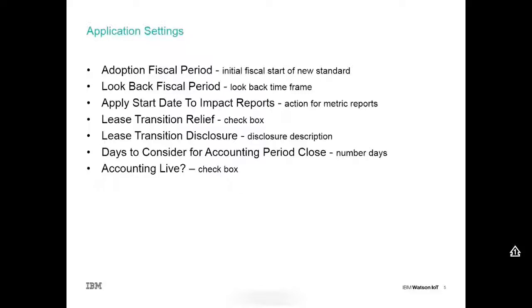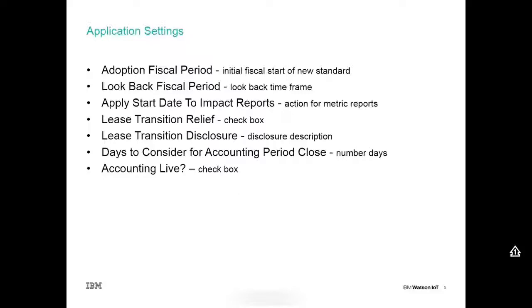And it's basically an initial fiscal start of the new standard, and usually right now the standard is, for example, January 1st, 2019, and we have a look back period for 2 years. So that look back period, we'll set it for January 1st, 2017. But these are fiscal periods.